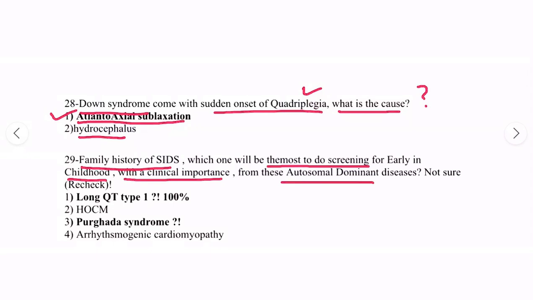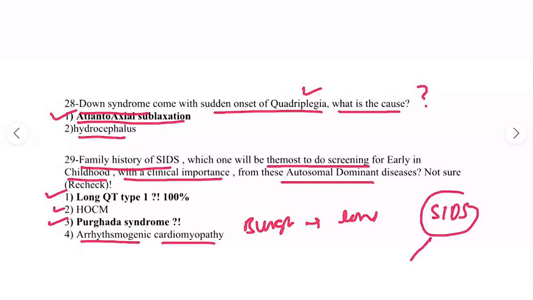Long QT syndrome, HOCM, Brugada syndrome, arrhythmogenic cardiomyopathy. Type 1 is more dangerous, causing cardiac arrest even during sleep. So 1 is the correct answer here.